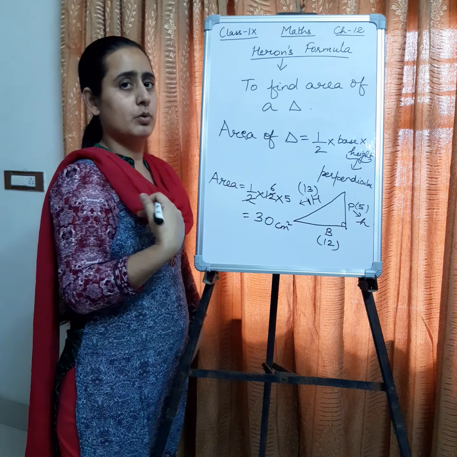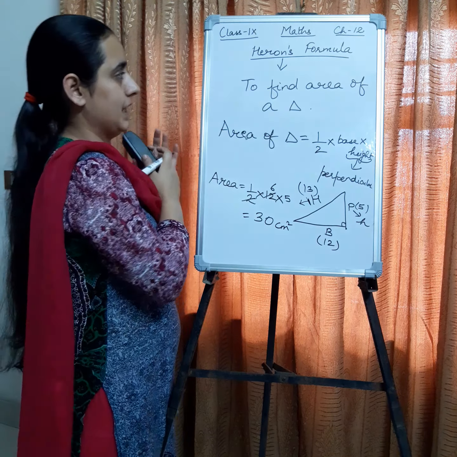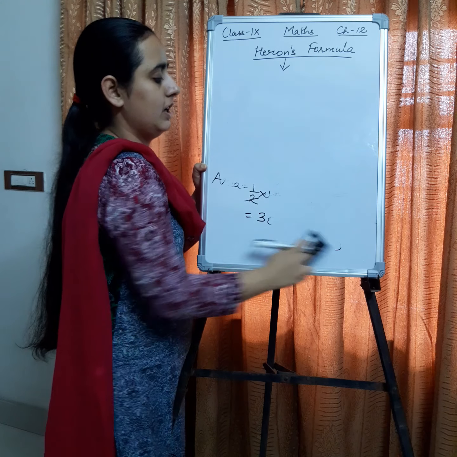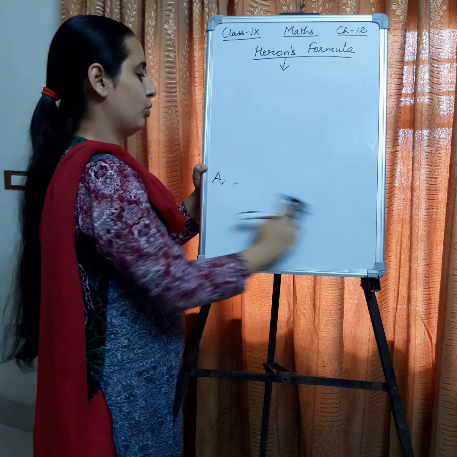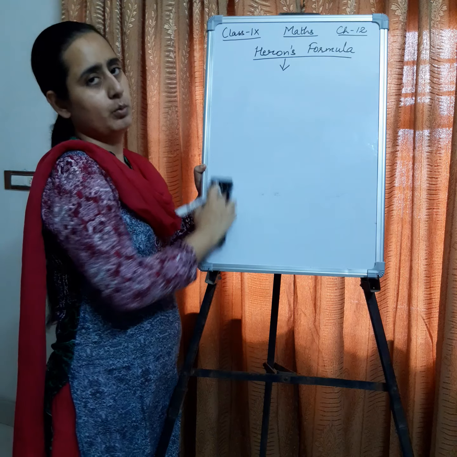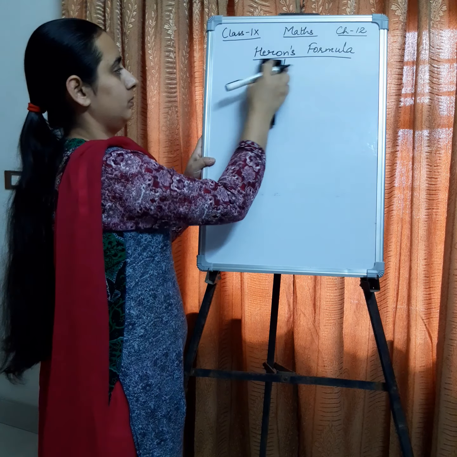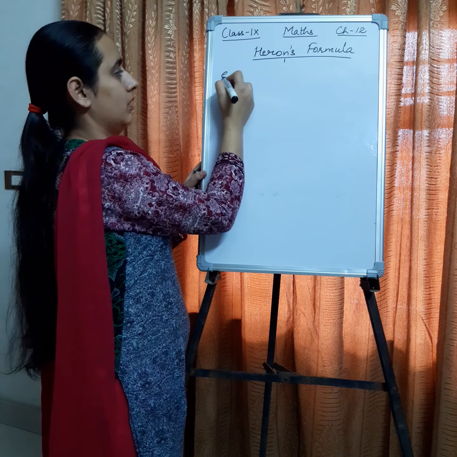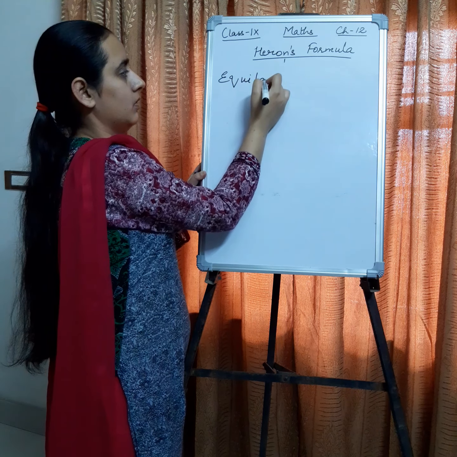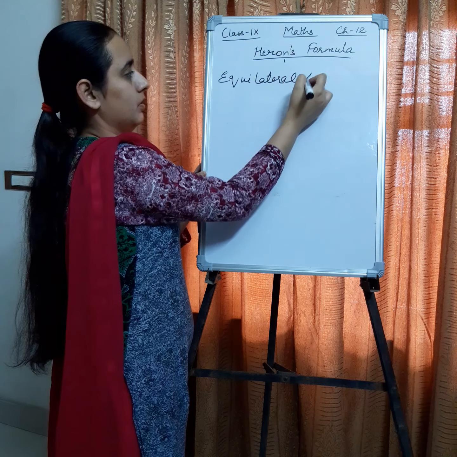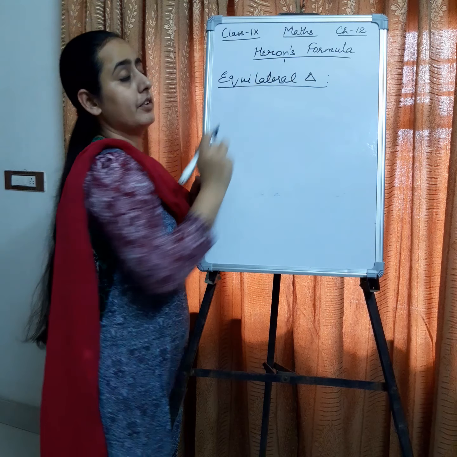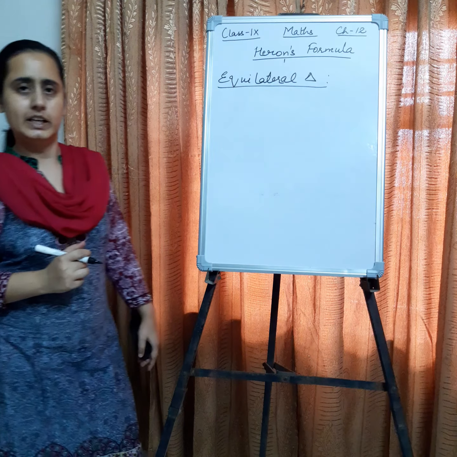Fine. Now the next type of triangle. This was for the right angle triangle. Next, suppose we have an equilateral triangle. You all would be knowing that an equilateral triangle means all sides are equal.